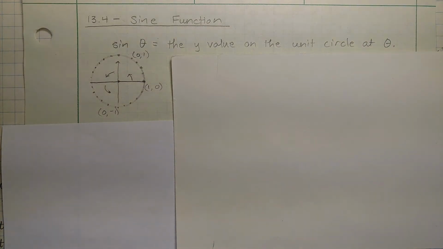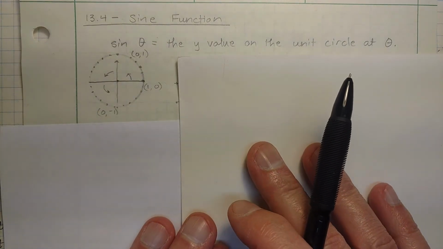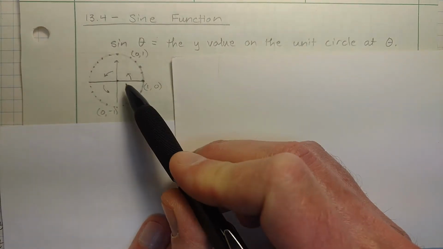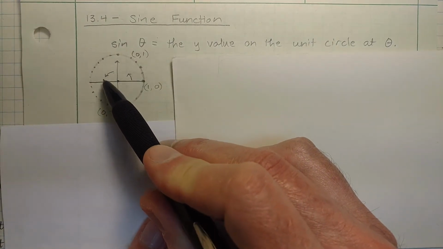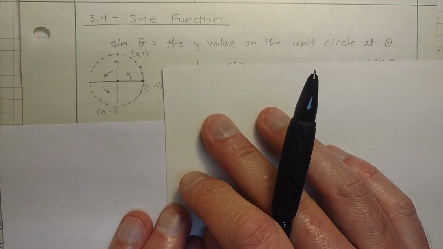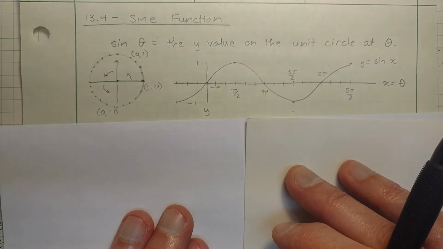So instead of thinking of the unit circle, I now put it into the xy plane, but x is not the x coordinate, x is the angle. It is theta. Then I get a graph that looks like this.